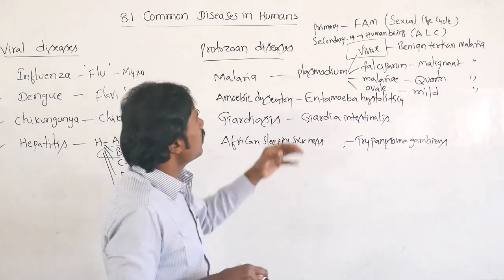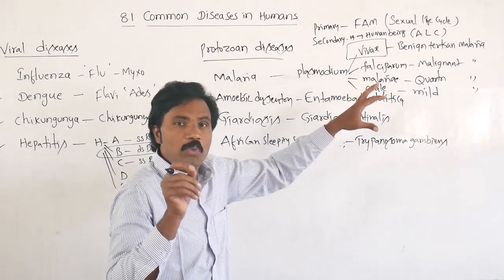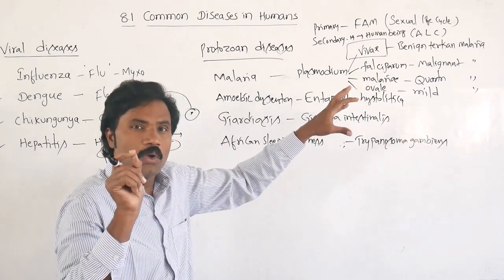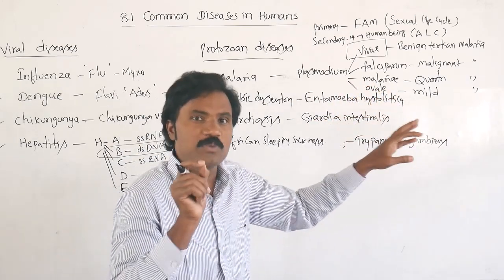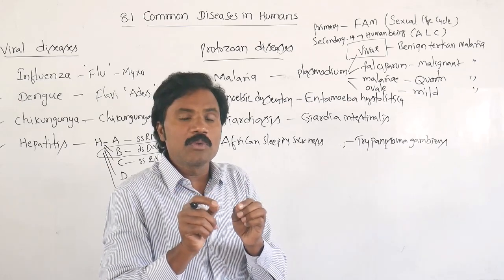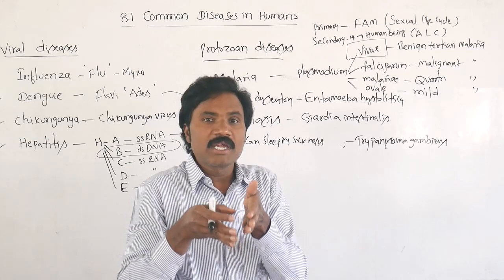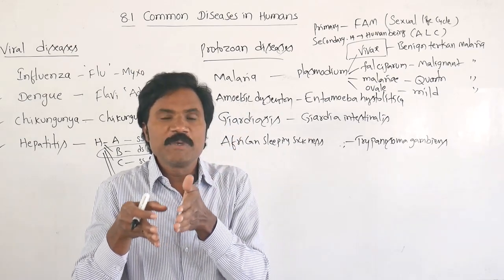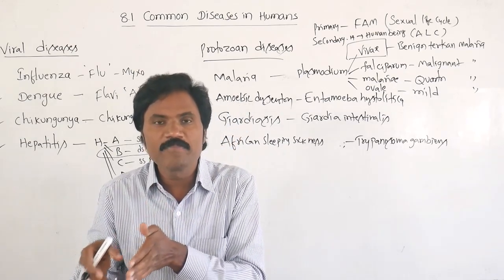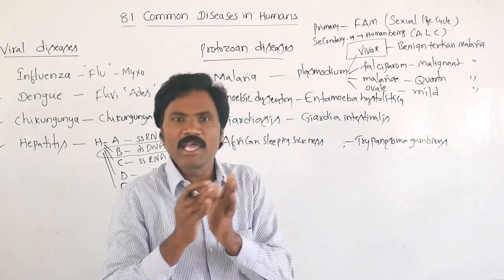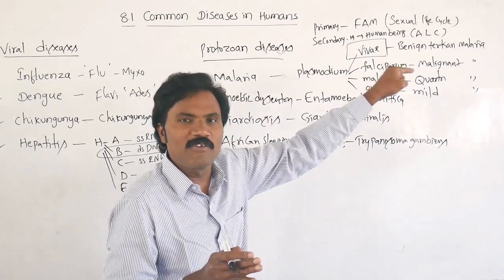Apart from this, listen very carefully: which specific infective stage of Plasmodium is transmitted from an infected person to a healthy person through the female Anopheles mosquito?